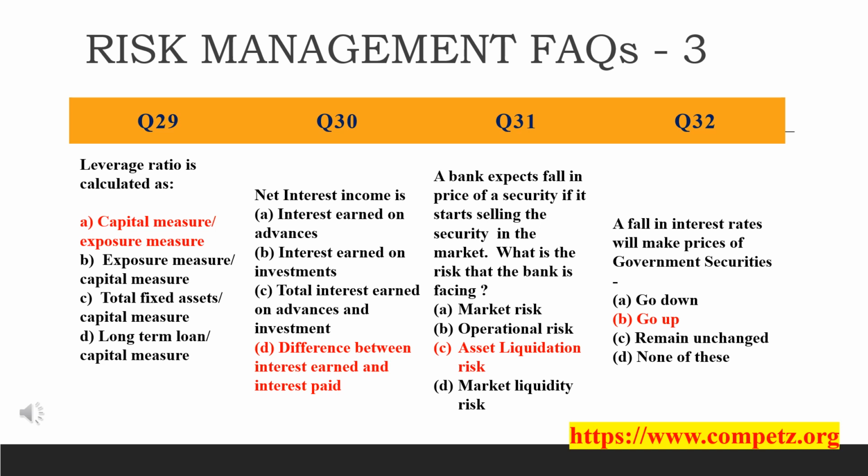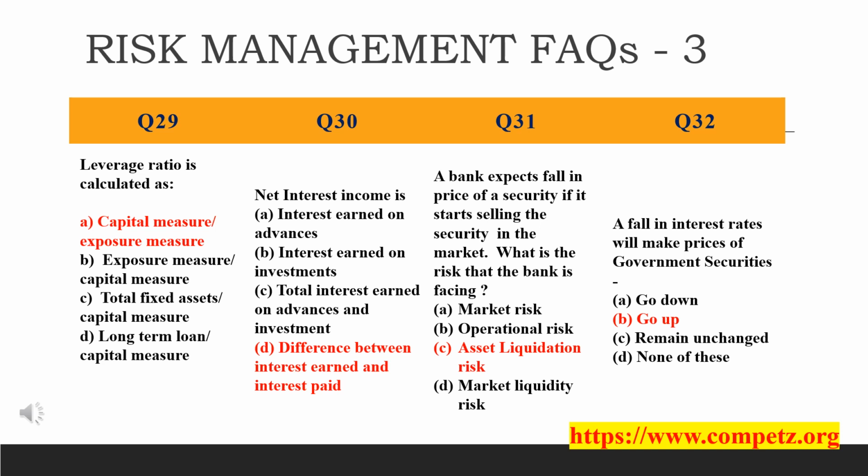Leverage ratio has been introduced under Basel III as a risk management measure. It is independent of the RWA calculation. RWA stands for risk weighted assets calculation method. So leverage ratio is equal to capital measure divided by exposure measure.